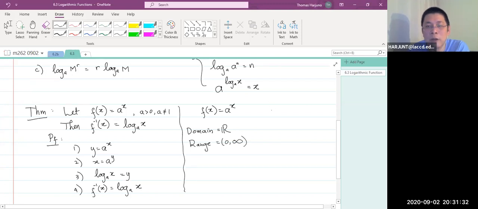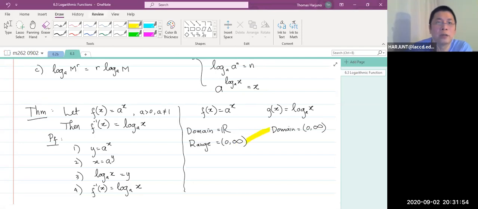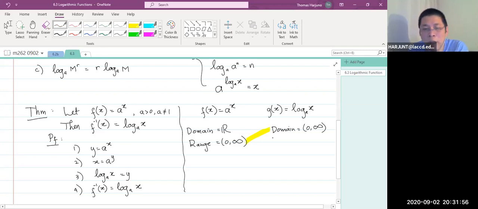Now the inverse function, let's call that g(x), log base a of x, must have domain equal to the range of the original function. We learned this last time. And the range of the log function is the same as the domain of the original exponential function.